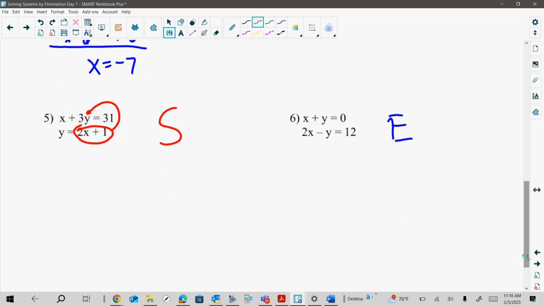On your substitution on 5, we should write x plus 3 parentheses 2x plus 1, close the parentheses, equals 31. You're going to need to distribute and then combine like terms.